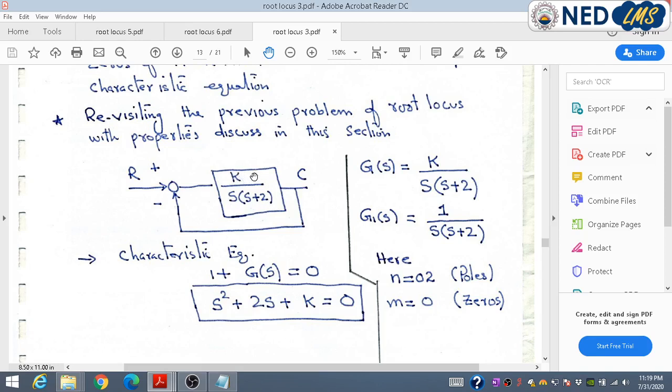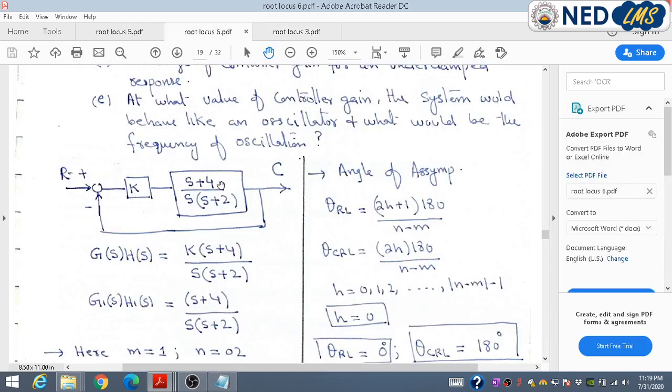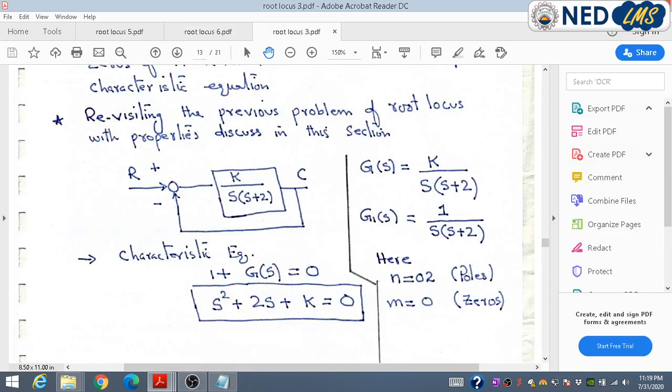The transfer function of the earlier plant was 1 over s into s plus 2. Here the transfer function of the plant is s plus 4 divided by s into s plus 2. So here the only difference is the insertion of a zero on the left side of the poles that we already discussed in the previous problem.